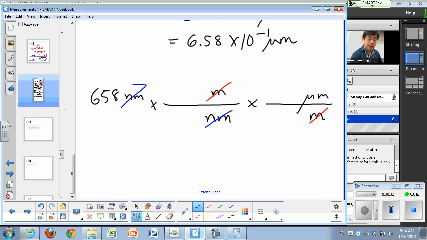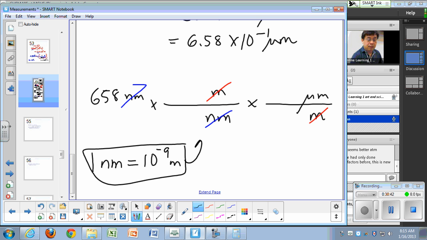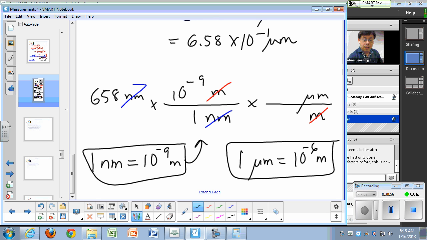So what's the relationship between a nanometer and a meter? Nano means 10 to the -9. So a nanometer is 10 to the -9, so that goes here. I'm going to say 1 nanometer is 10 to the -9 meters. And I know that a micrometer is 10 to the -6 meters. So that goes up there.